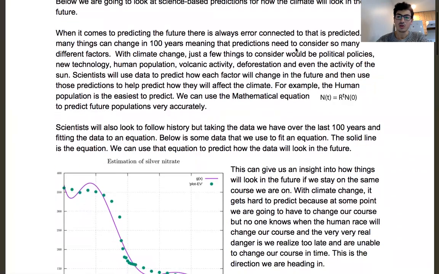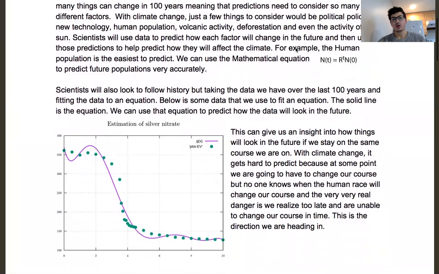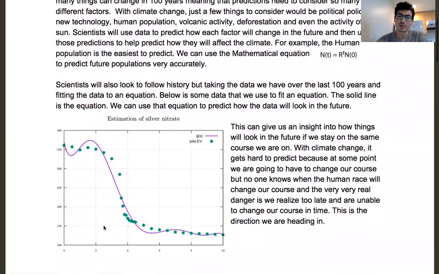So, looking at how we model data. If we look at the graph here, we can see that the dots are going to be real data points, and this purple line is going to be model data. We're going to try our best to fit the dotted points with a curve. This is just going to be a mathematical equation. And then once we get to the right side of the graph, that is where the data stops.